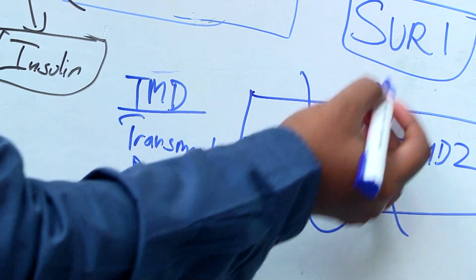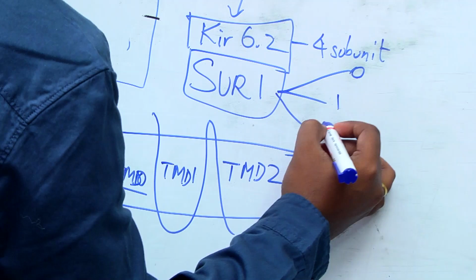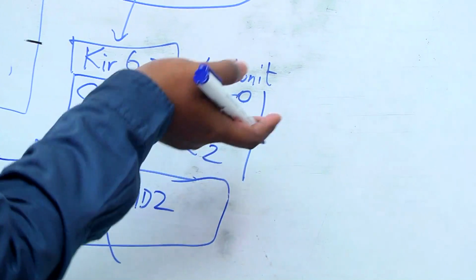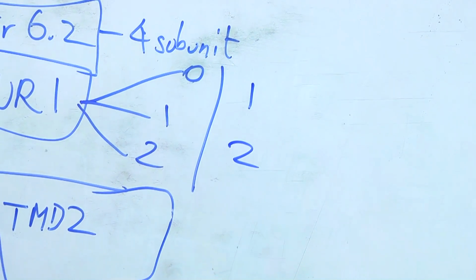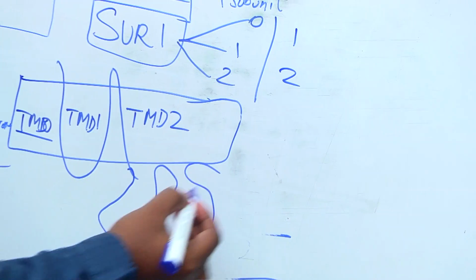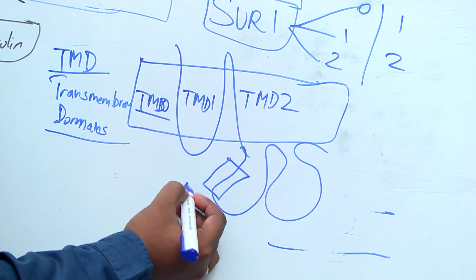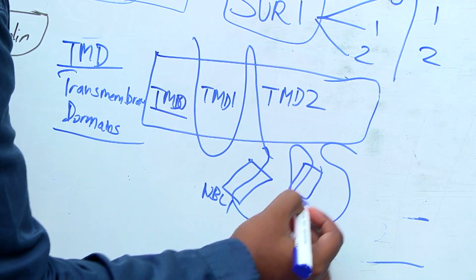So this consists of 3 transmembrane domains, that is 0, 1 and 2, and it consists of 2 nucleotide binding loops. Okay, so this is the nucleotide binding loop 1, and this is the nucleotide binding loop 2.